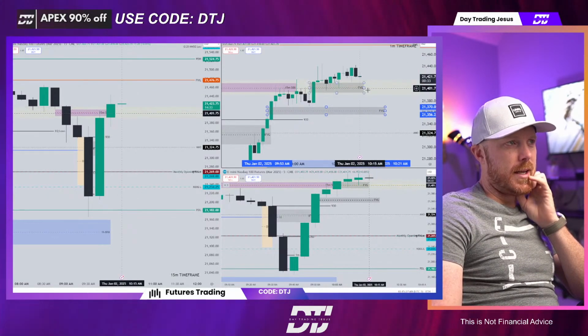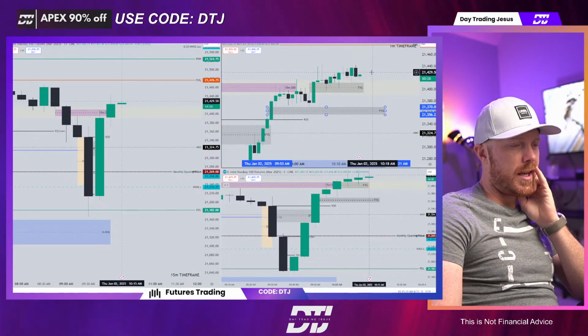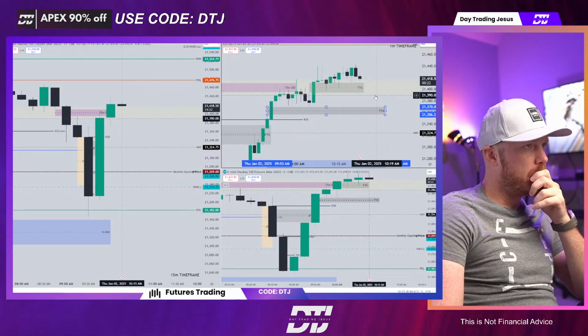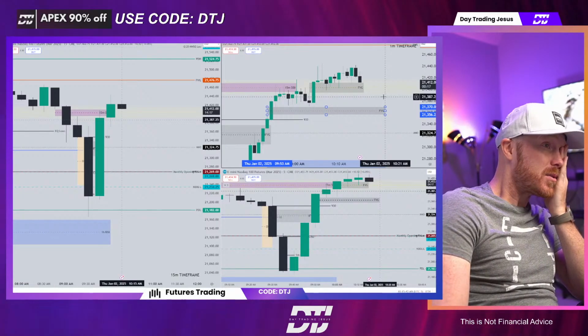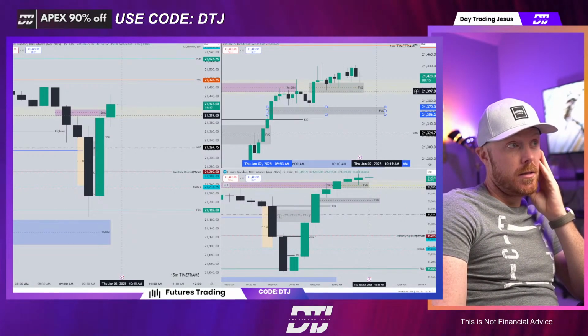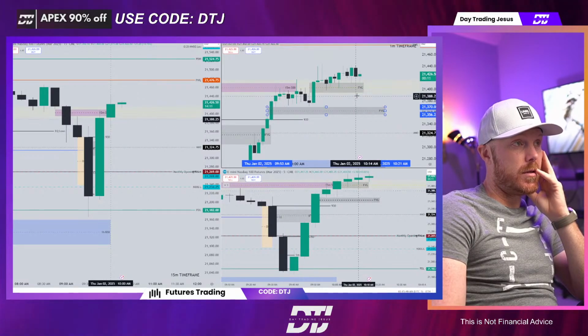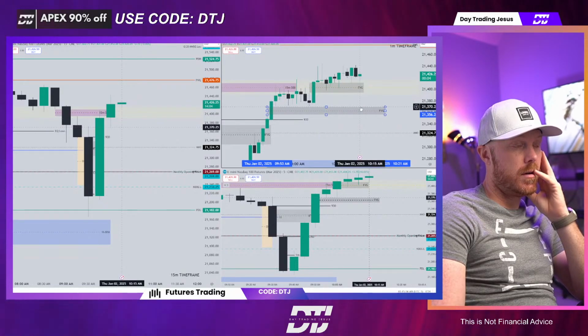I may or may not take this first inversion. It just depends on what it looks like and probably on what time it is. And I may even just take a smaller one, maybe just try to get 10 handles out of it. Maybe not even run all the way to the equal lows. 95, 94. Yeah, that's 15 handles. That's not a bad move.